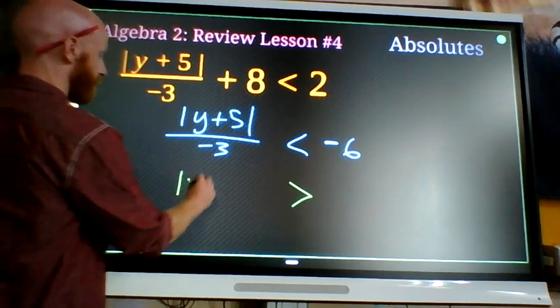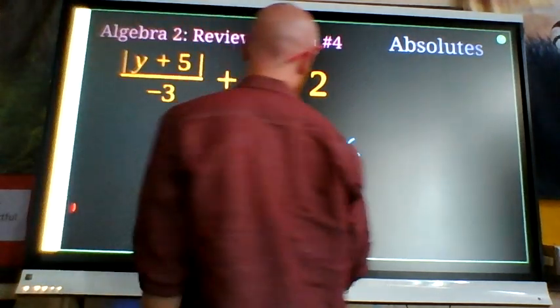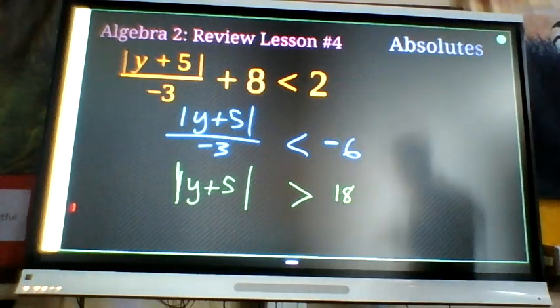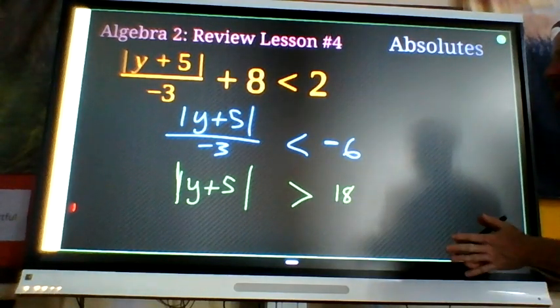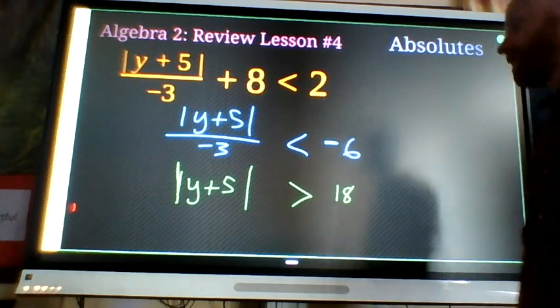Absolute value of y plus 5 is bigger than +18. Okay? Now you break this apart into 2 pieces.